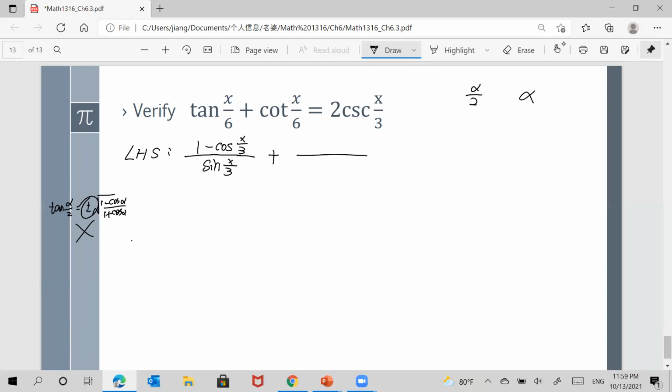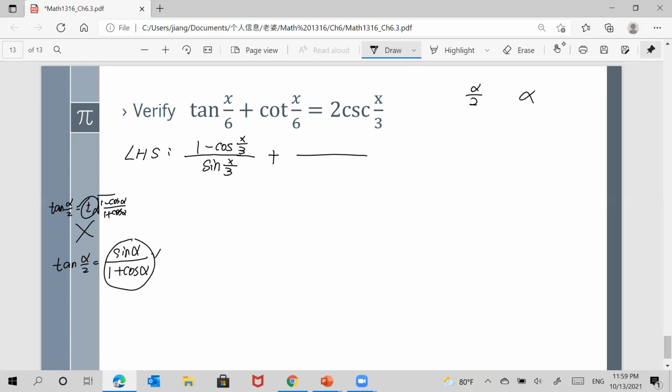We know that cotangent equals the reciprocal of tangent, so I can take the reciprocal of this. But think about another formula: tangent alpha over 2 equals sine alpha over (1 plus cosine alpha). If I flip this one, the bottom has the same sine x over 3 term. It's easier for us, so I pick this one.